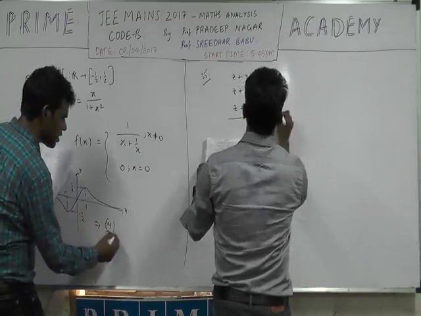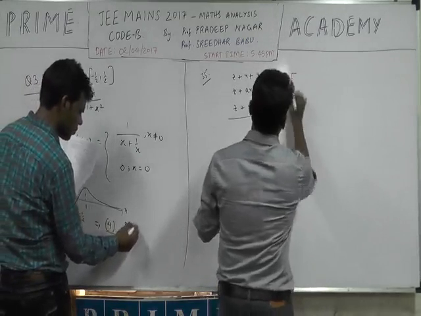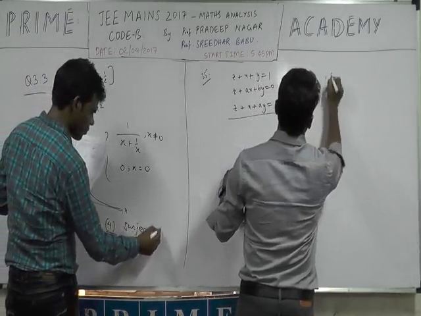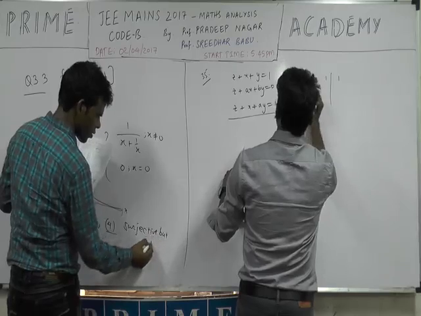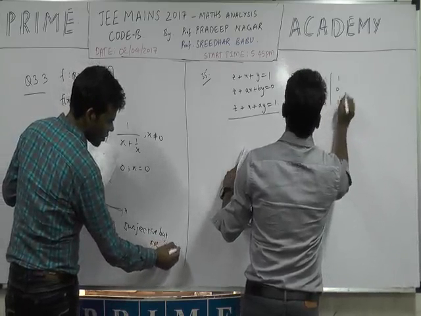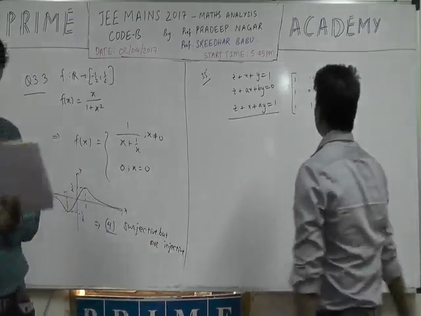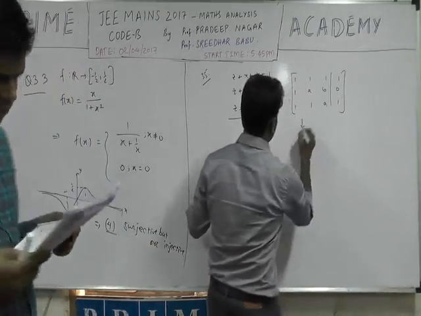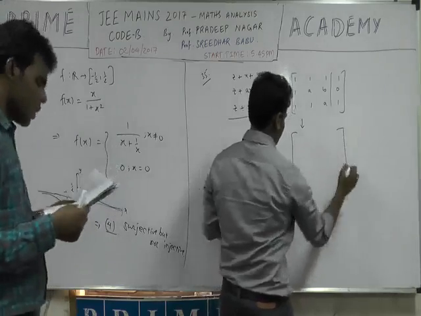So this is the final answer, option 4, because many-one means it's opposite to injective. That's it. Next question.